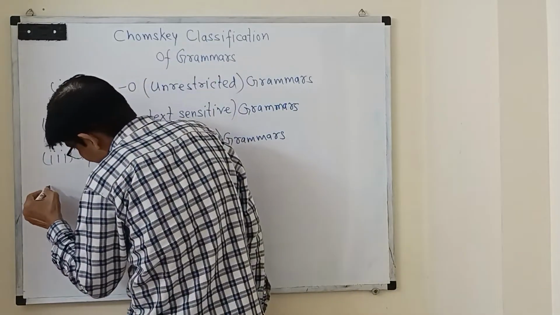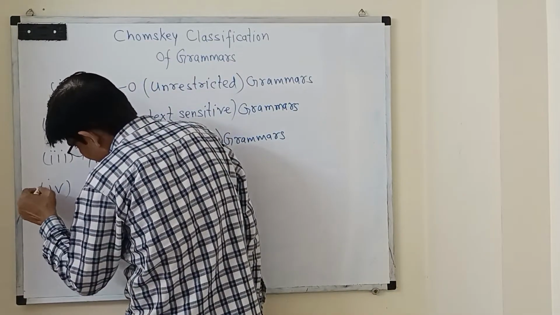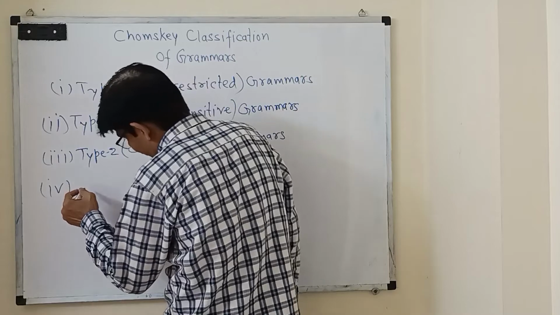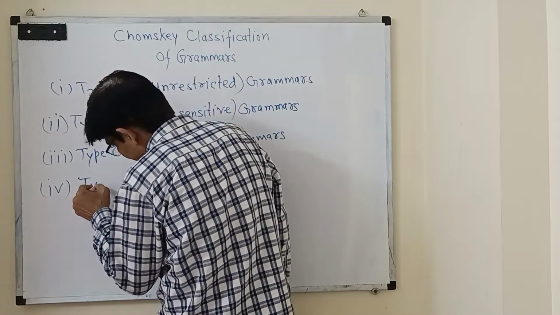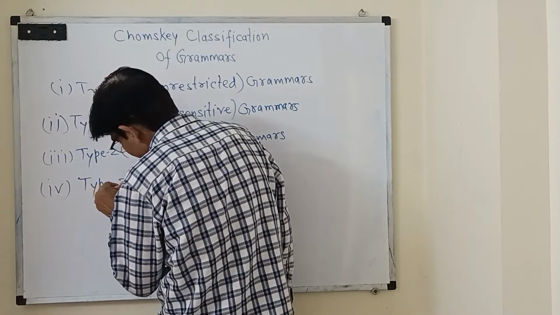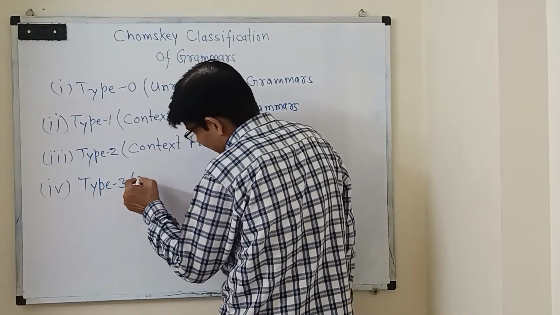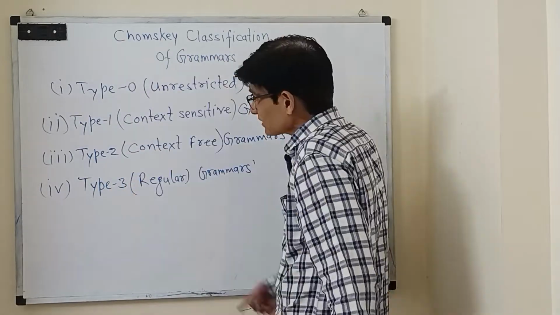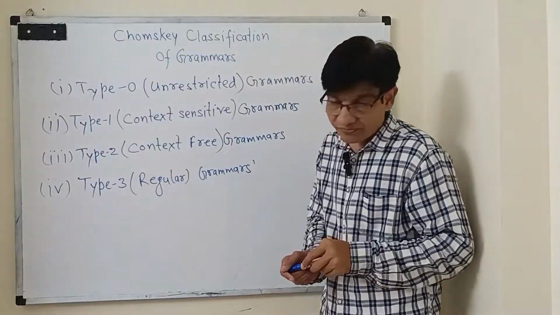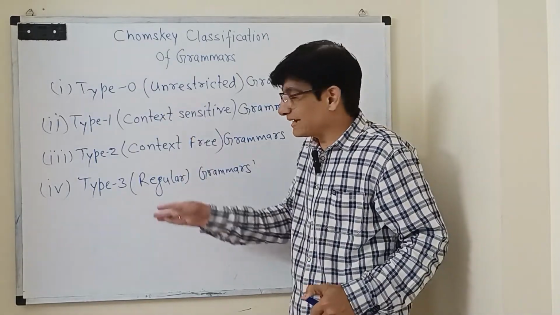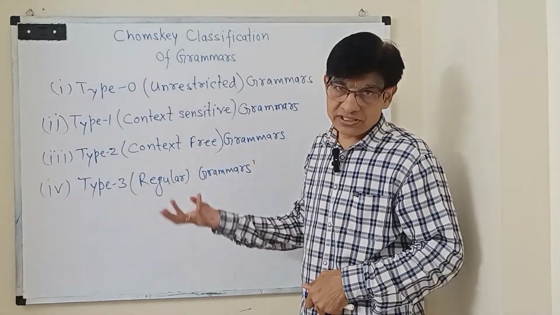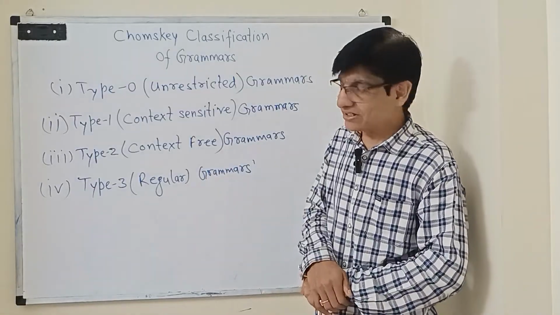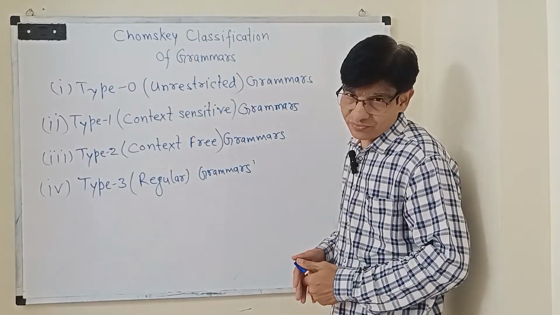And the last and fourth class of the grammar, according to Chomsky, is type 3 grammar, which you can call regular grammar. So these are four classes of grammar, and all these classes can be used for natural languages as well as for computer languages. All four classes we will discuss one by one.